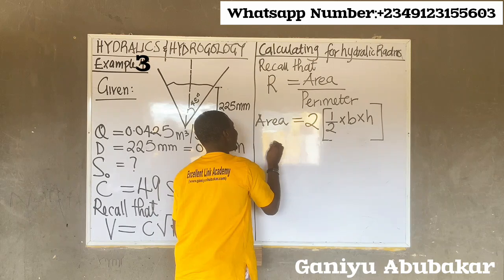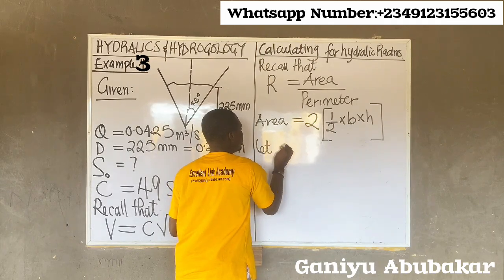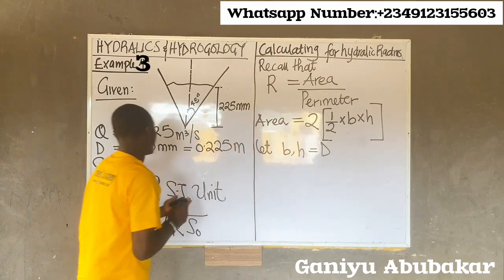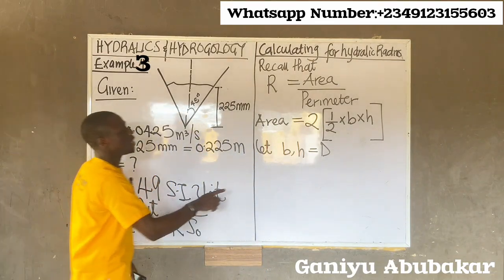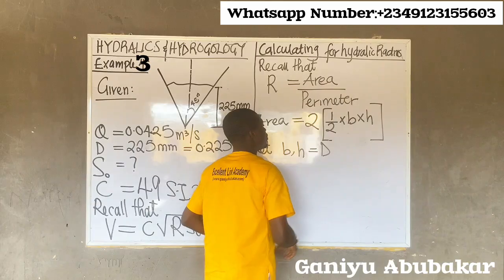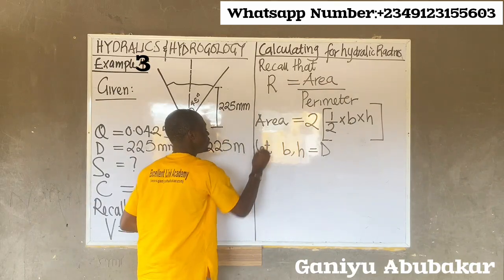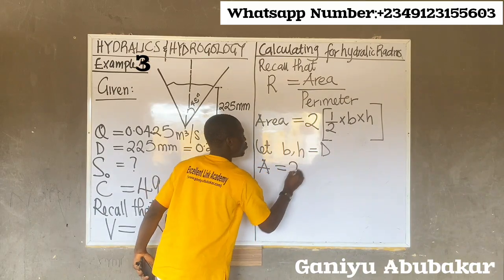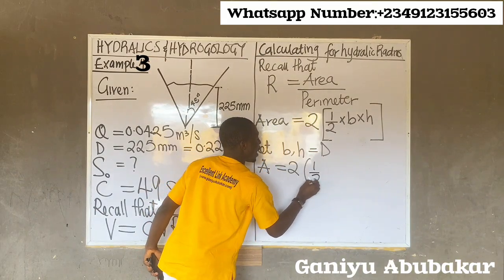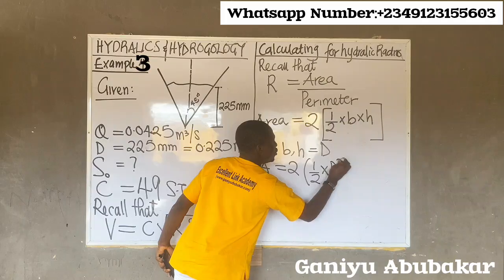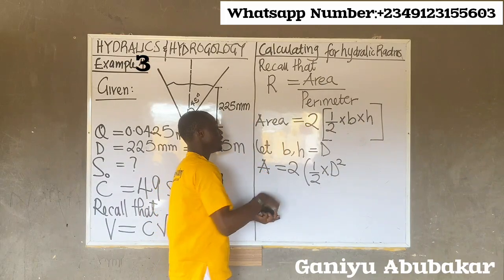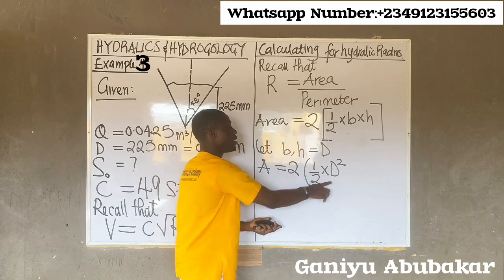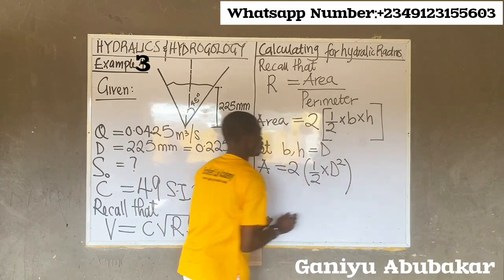So I will let B and H be called D. Why? Because I'm only given depth here. So in other words, I'll be having the area of this shape to be equal to 2 into half times D squared, because if B is D, H is D, D times D gives you D squared. So I have D squared, then close the bracket this way.